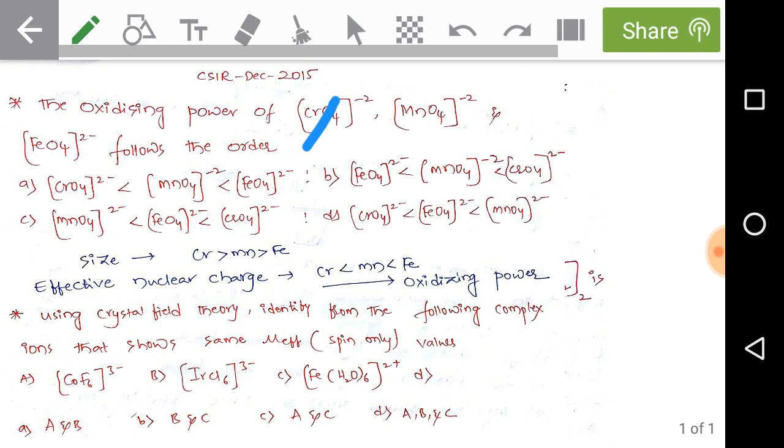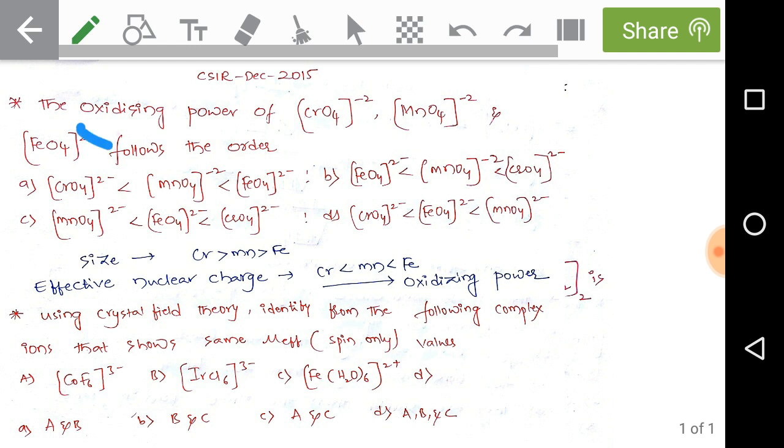And all of them have oxygen as ligand. So here we need to find oxidizing power. First we need to think about the basics, at the level of basic chemistry.